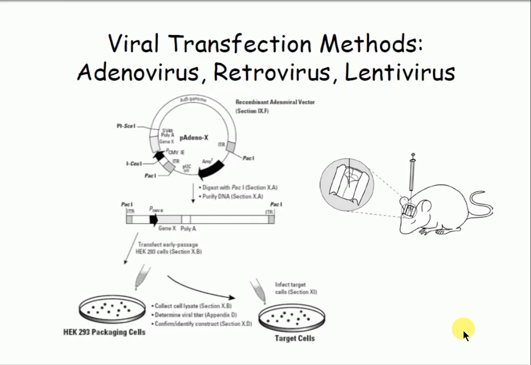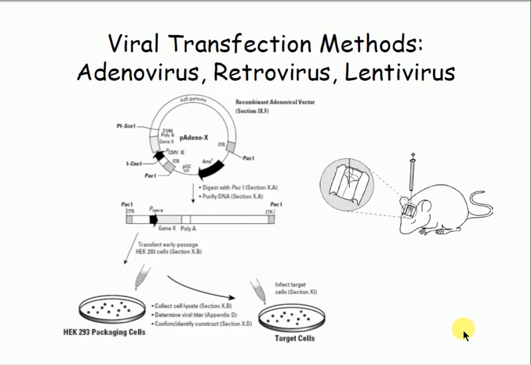And then we have a promoter in here, and a gene that we want to express, and then some information that is used by the viral proteins to package the DNA. So this makes up a viral vector. This is the information we use.